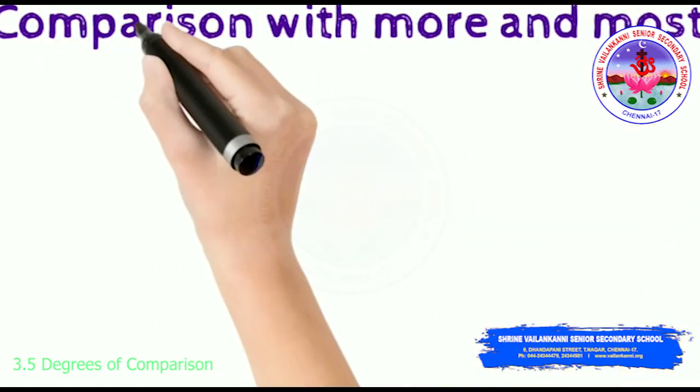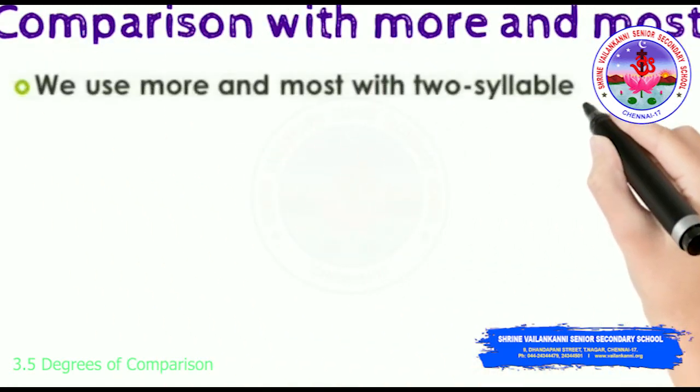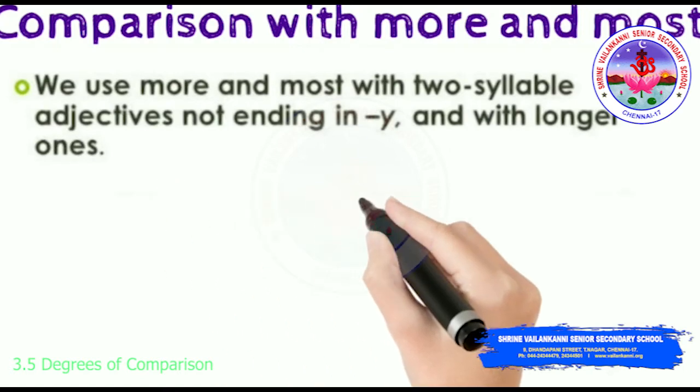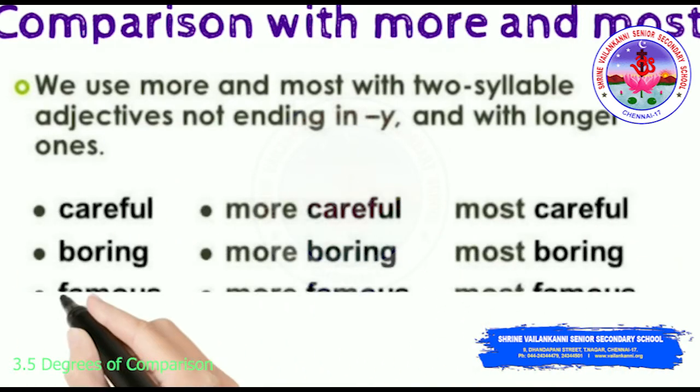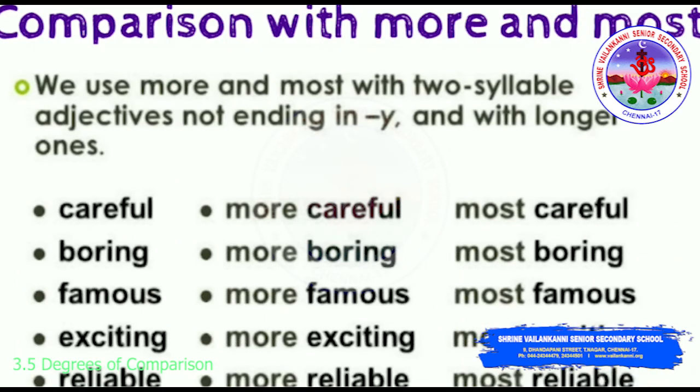Usually the words which end with full, like beautiful, powerful. When it ends with ing, like frightening, interesting and so on. Then the words which end with OUS, like dangerous, famous.